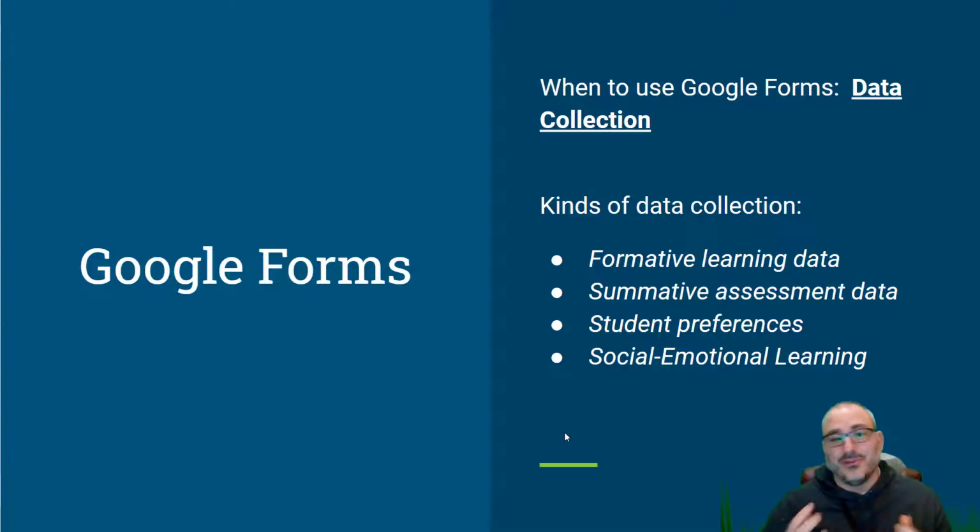So you kind of get an idea of what you like, Spider-Man or Batman? And we got to see the percentages, and Google Forms allows you to see pie charts and bar charts and graphs fairly quickly because you're collecting that data and it can help you analyze that data.